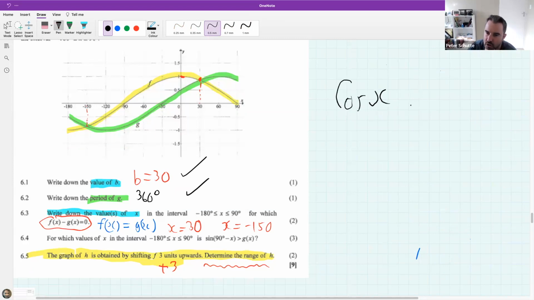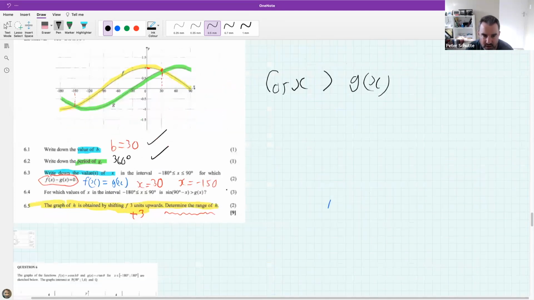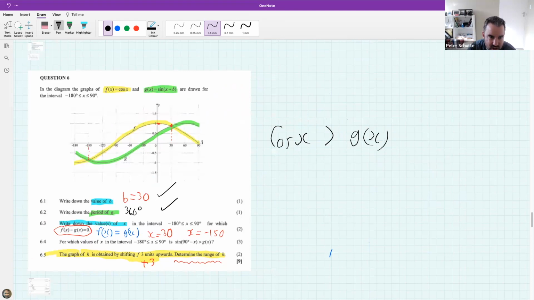So you want to know, when is cos x greater than g of x? But in the actual question, cos x is just f of x. So what it's really saying is, when is f of x greater than g of x? When is yellow above green?